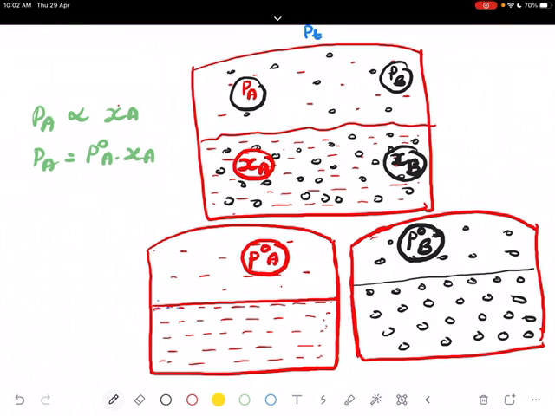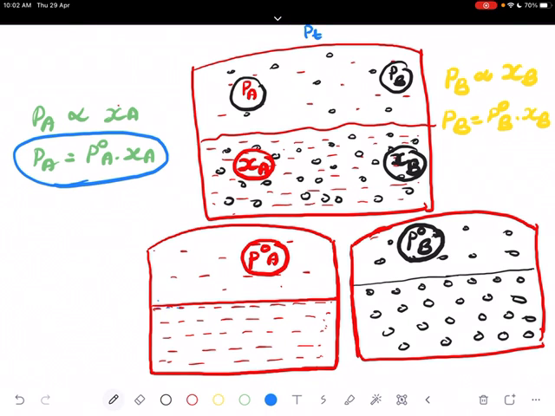Similarly, PB is proportional to XB, or PB is equal to P naught B XB. So this is Raoult's law. PA is equal to P naught A XA. PB is equal to P naught B XB.